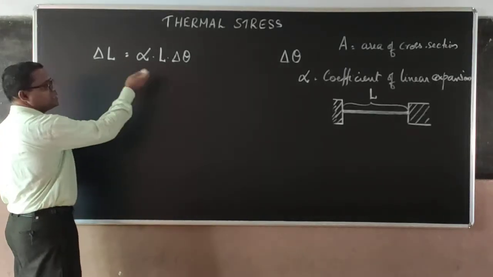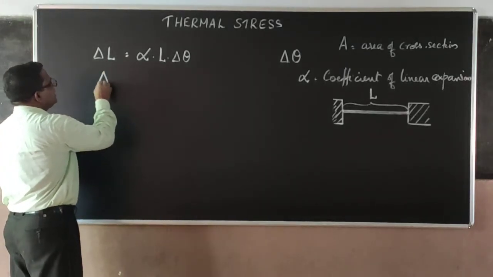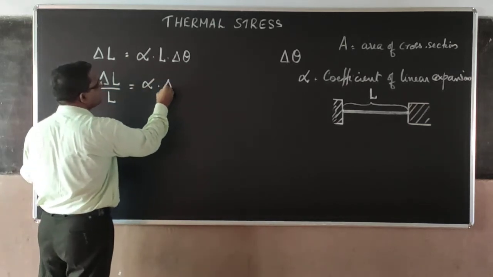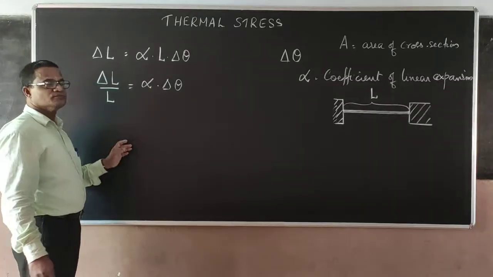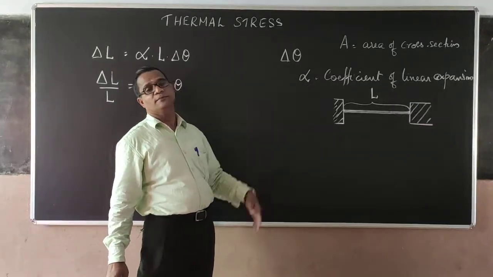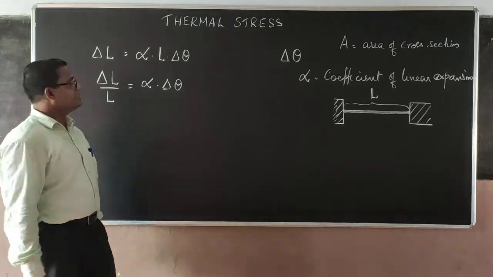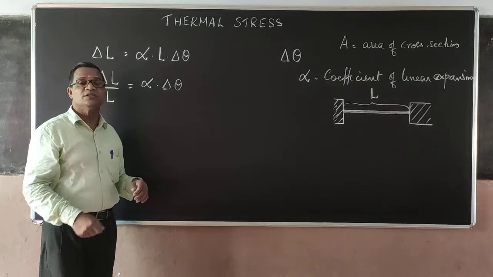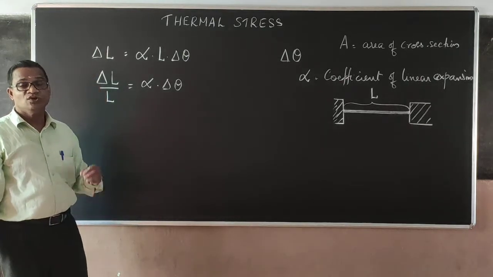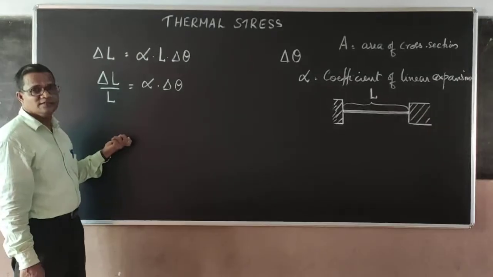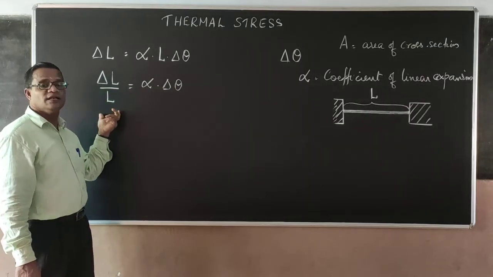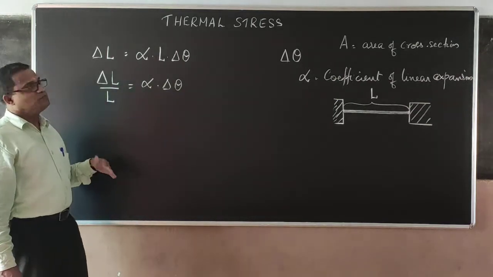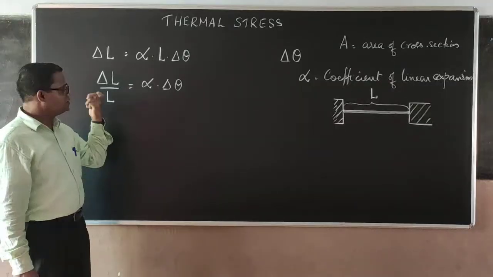Then, if this is the expansion that is coming here, delta L by L will be equal to alpha into delta theta. This is nothing but the fractional increase in length, or we call that longitudinal strain. Fractional increase in length means increase in length to the original length, and that is named as strain in the previous case, in the initial video.